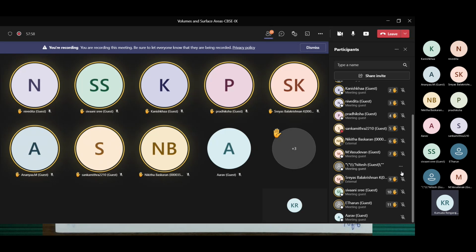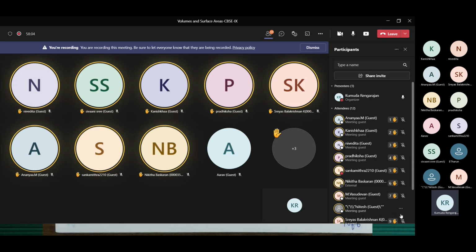Okay, so Tarun, Shivani, Shreyas, Hitesh, Vasudevan, Nikita, Sangamitra, Pratiksha, Nivedita, Kanishka, and Ananya. Arav, are you there?